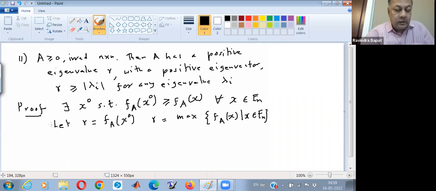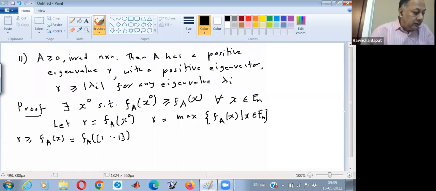Okay, so it's very easy to, first of all, show that R is positive, because R is greater than or equal to FA(x) for any x. So I will take x to be the vector 1, 1, 1 transpose, a column vector.